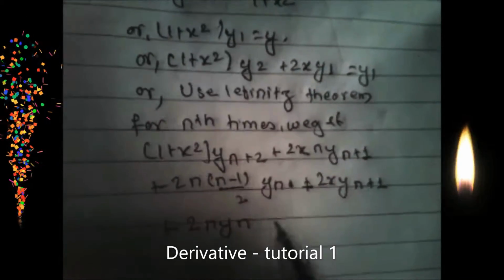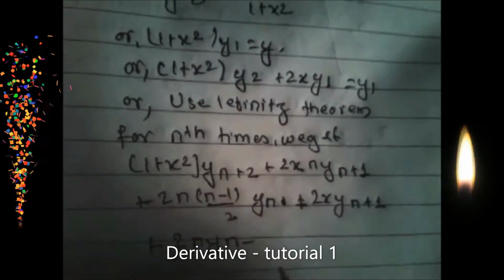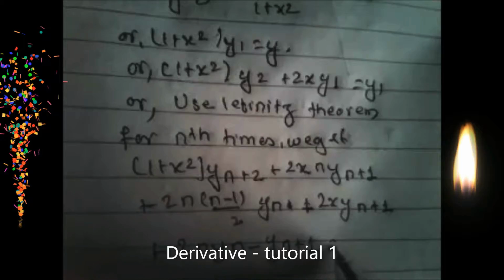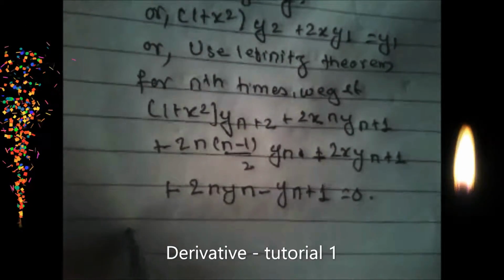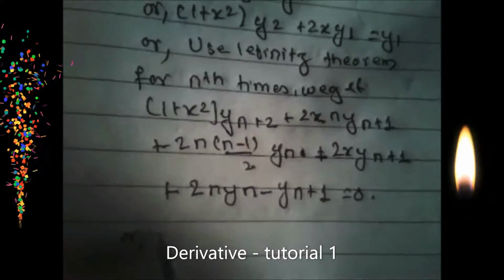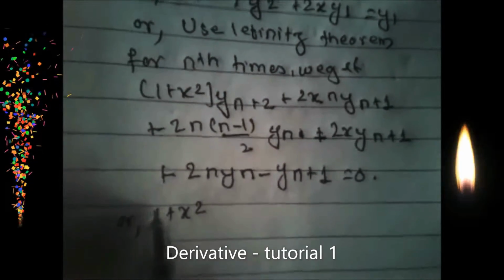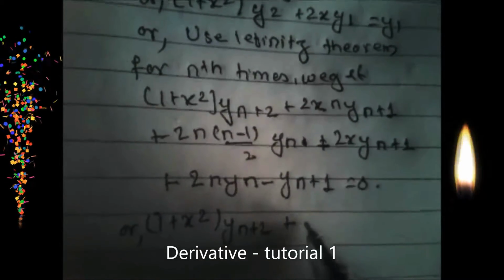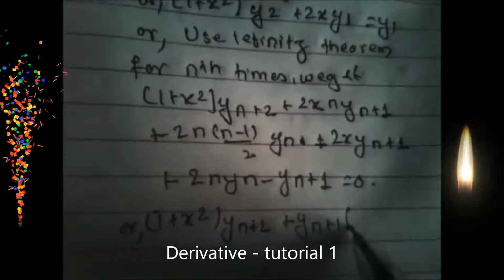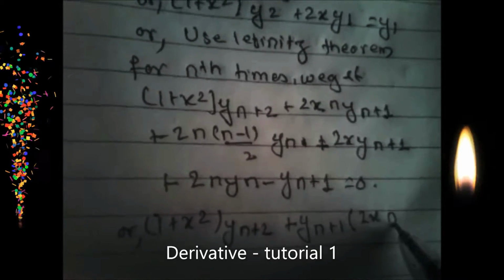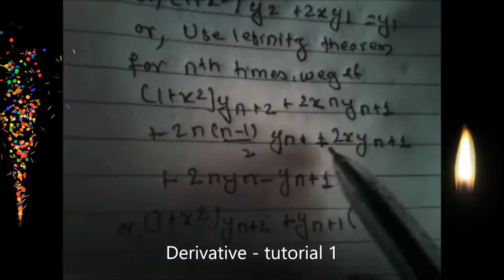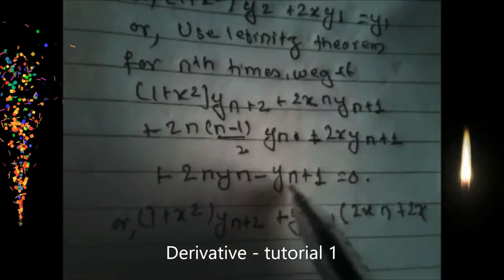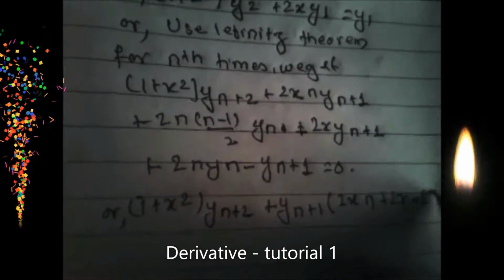We take this to this side and differentiate it also, so y(n+1) = 0. Now we take common terms on the same side: (1 + x²) y(n+2) plus y(n+1) terms, 2nx minus 2x, and then the yn term, where we have n minus 1.